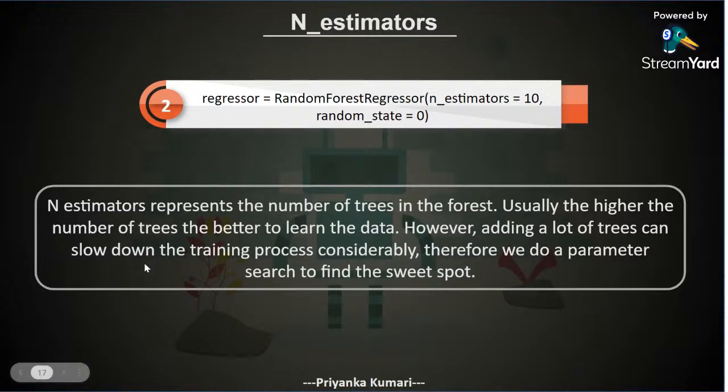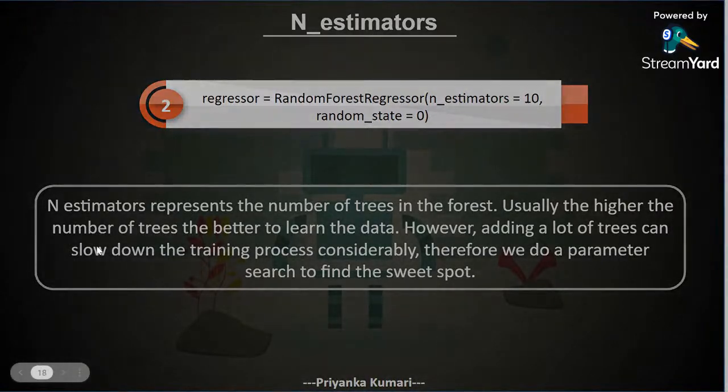So we have to use different values of n_estimators, which is basically the number of different decision trees to use, and see how the result comes out for each value after passing. And then we should fix the value that gives the best accuracy. So this is almost all about n_estimators.